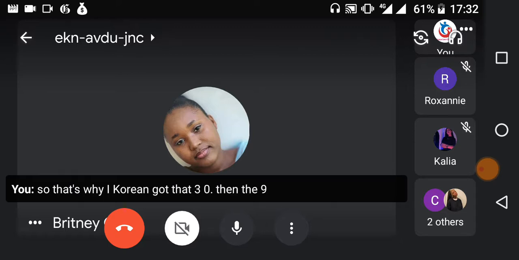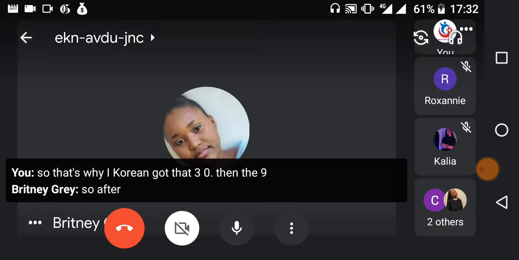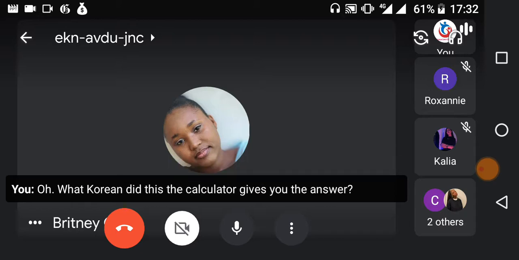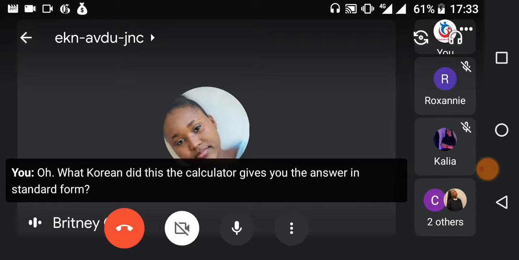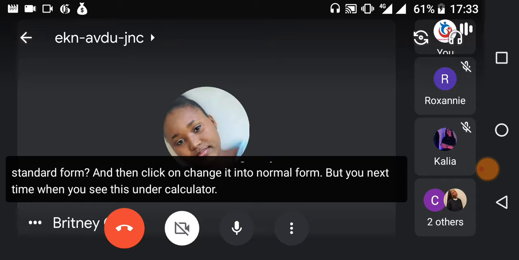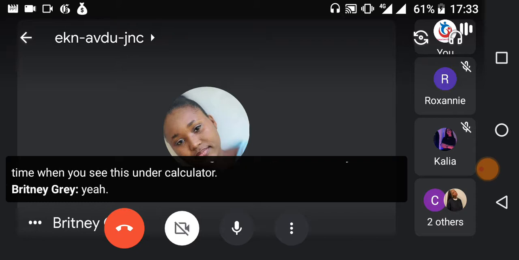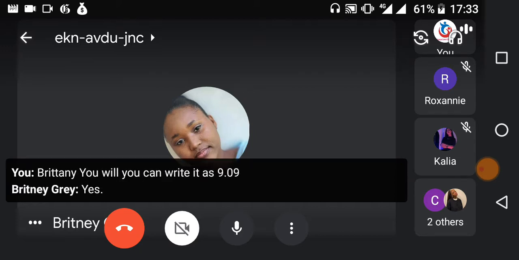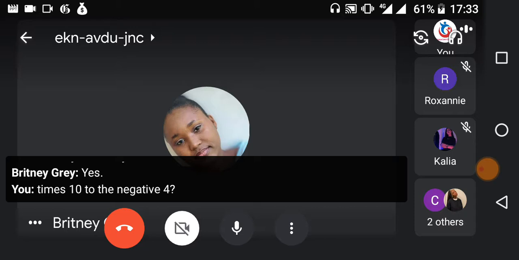What Cleon did, the calculator gives you the answer in standard form, and then Cleon changed it into normal form. But next time when you see this on the calculator, Brittany, you can write it as 9.09 times 10 to the negative 4. So you learned something new today.